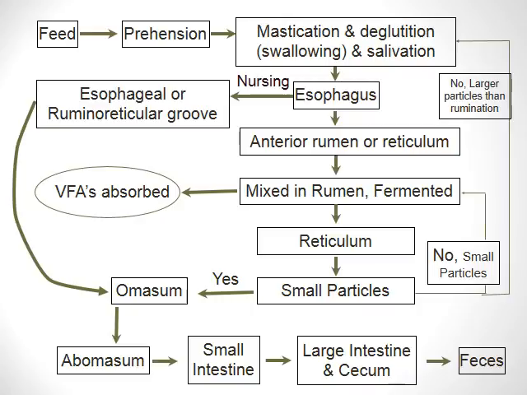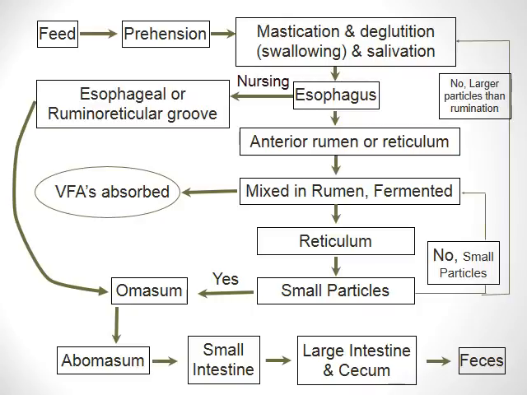So now, why does the esophageal groove put milk into the omasum? Why doesn't milk go into the rumen or the reticulum? Well, one of the reasons is that that's the site of microbial fermentation, and microbes would go crazy and multiply and begin to produce toxins, and ultimately give the calf or the young ruminant a bad case of diarrhea.